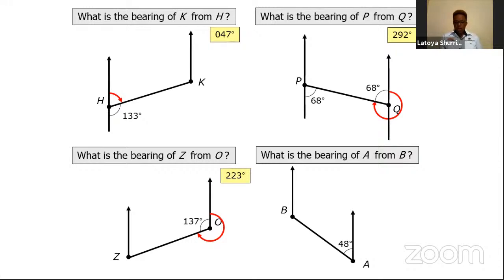Are you sure, Shante? Remember, we can use the keywords to help us and how to know where we're starting from. We're going to look for the keyword from. And according to this question, it says, what is the bearing of A from B?